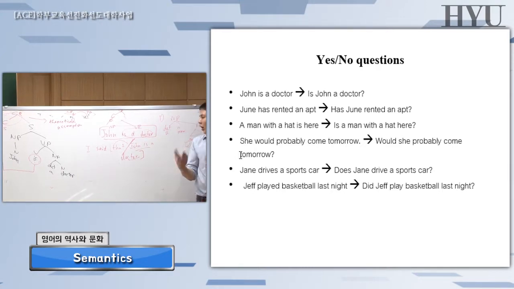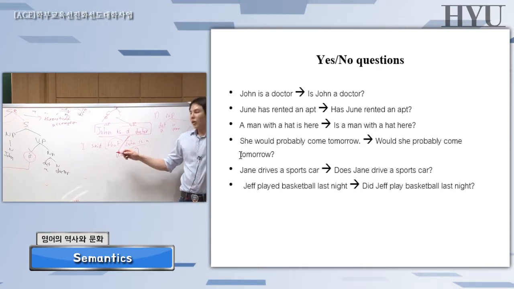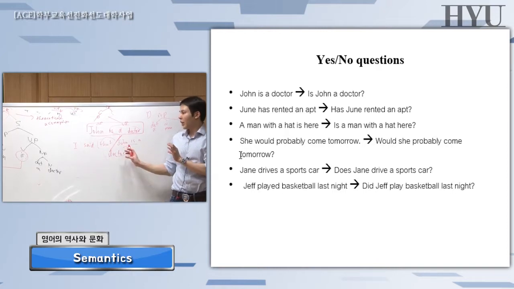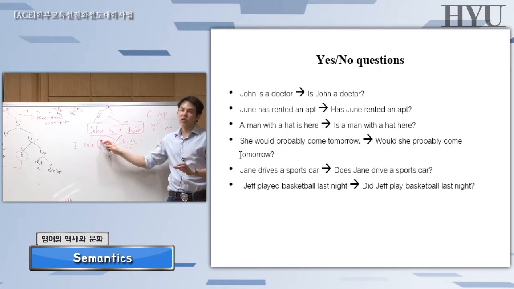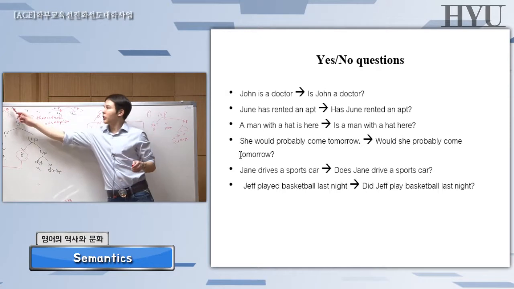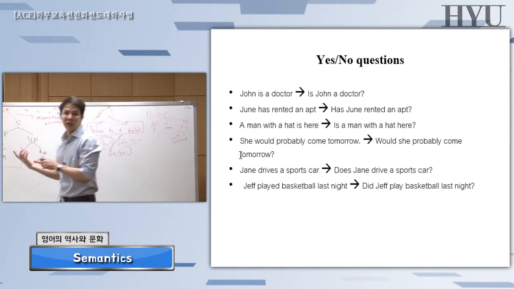And another argument is that you won't see the question and complementizer that happen together because they are mutually exclusive. So we could use the CP and C here as the landing site, okay? Theoretically speaking.